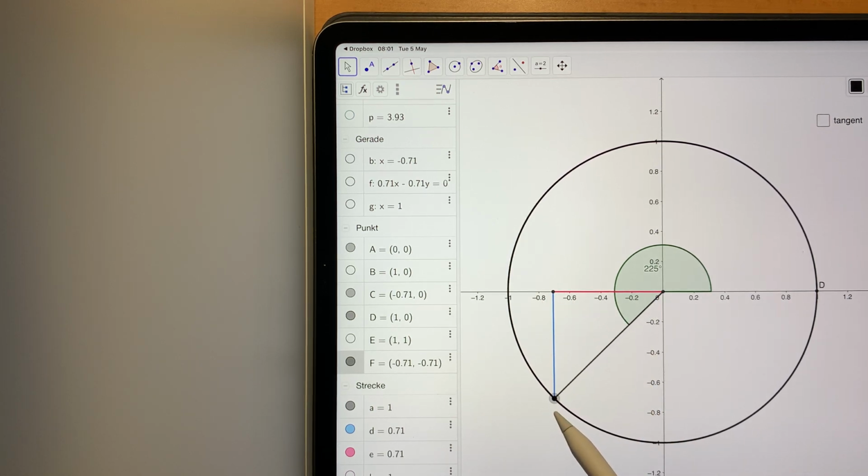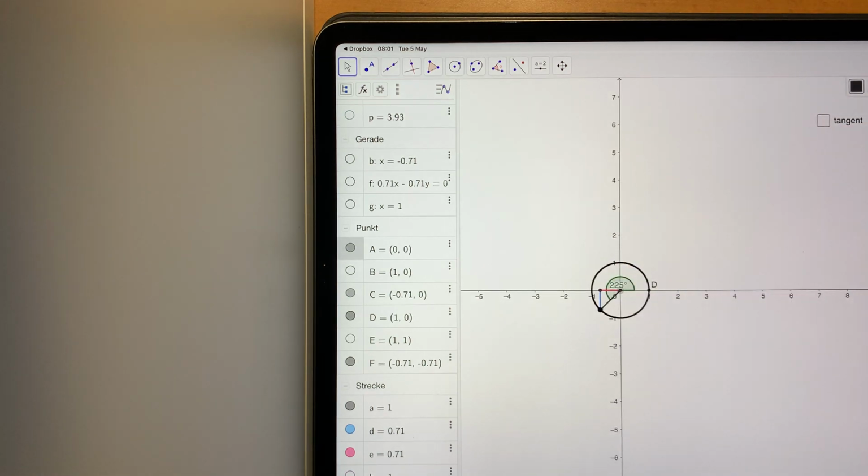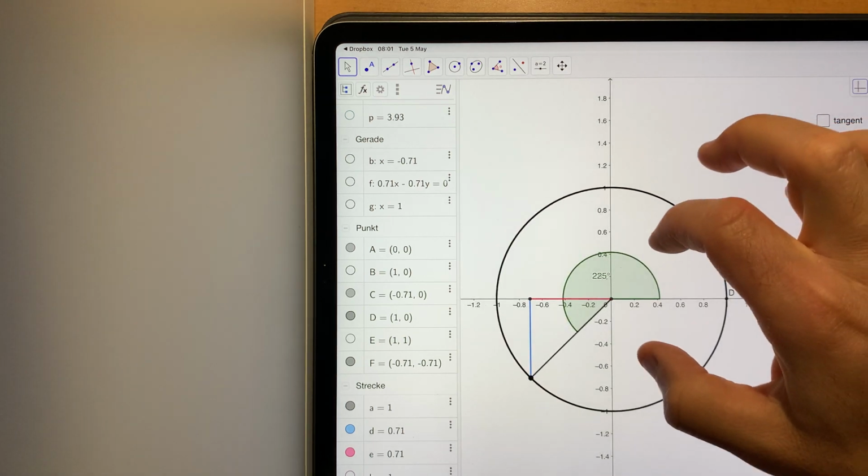Here, the sine is also negative, because when you zoom out, look, we're just talking about points in a system of coordinates. And this point has a negative x coordinate and a negative y coordinate. So let's zoom in again.